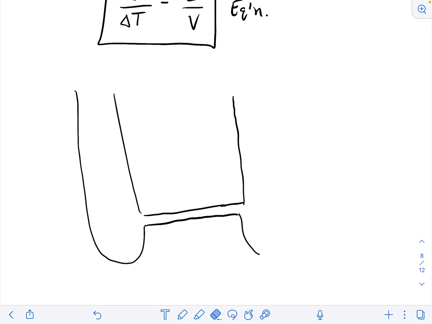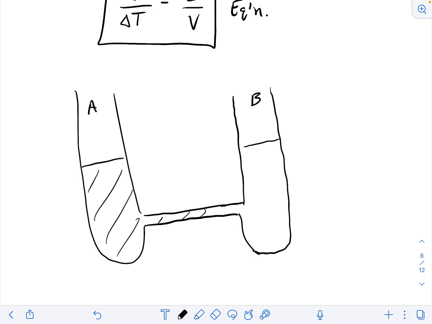Okay, and so this is going to be side A, this is going to be side B, and initially they're filled with helium-2 to the same level. And what we have to know about this link between A and B is that it's a super leak.